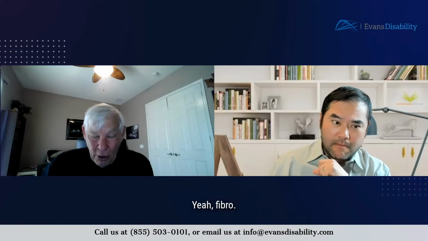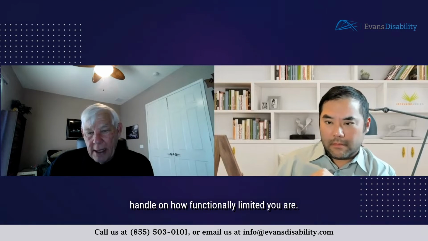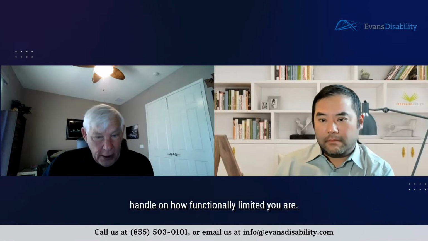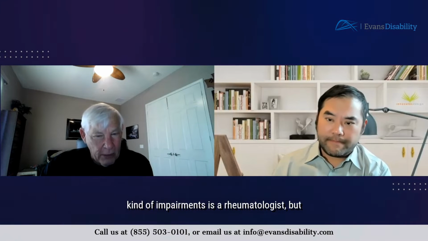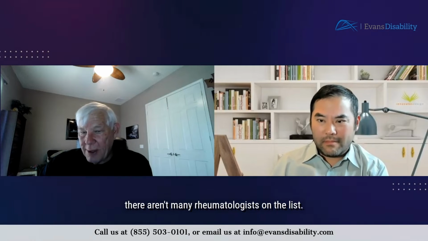Fibromyalgia? Yeah, fibro. That's a good one. And let's say the judge wants to get a handle on how functionally limited you are. And so the best place to go for those kinds of impairments is a rheumatologist. But there aren't many rheumatologists on the list.